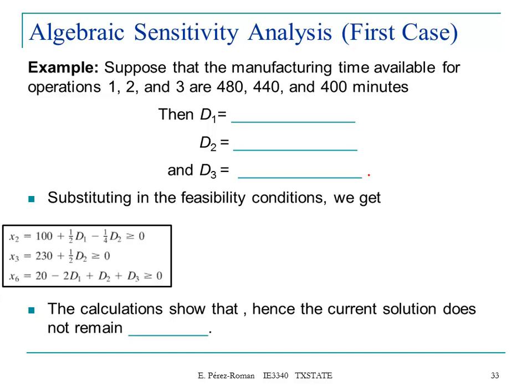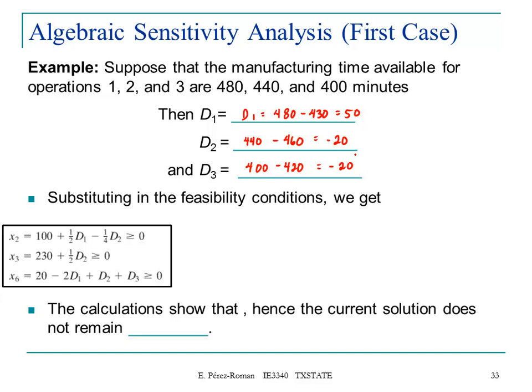Then we can find the values of d1. d1 is going to be 480 minus 430, that's 50. d2 is going to be 440 minus 460, that's minus 20. And d3 is going to be 400 minus 420, that's minus 20.